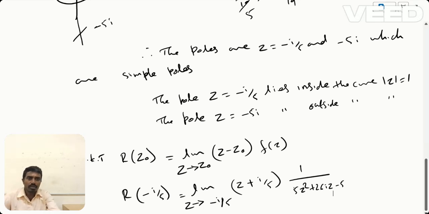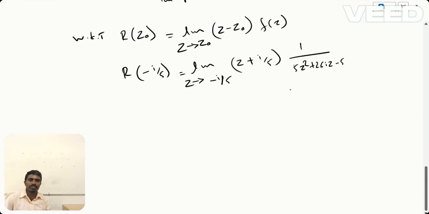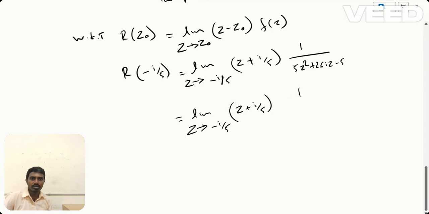So before applying the limits, first we factorize this quadratic thing. So what you may get? Limit z tends to minus i by 5, z plus i by 5 into 1 divided by, if you factorize this, then what do we get? 5 times z plus i by 5 into z plus 5i.